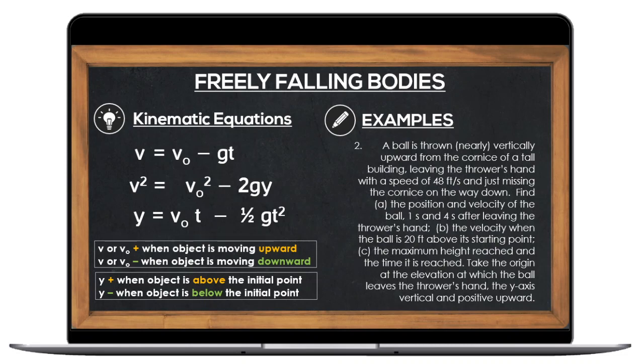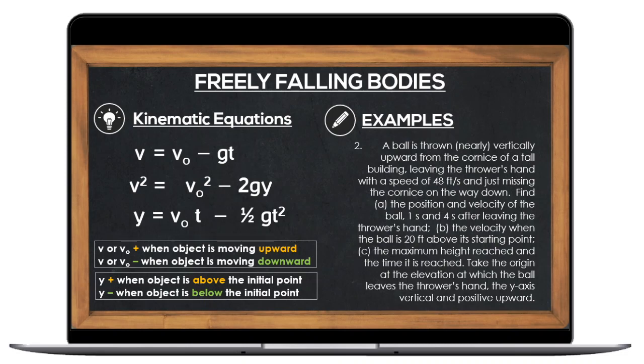A ball is thrown vertically upward from the cornice of a tall building, leaving the thrower's hand with a speed of 48 feet per second, and just missing the cornice on the way down. Find the position and the velocity of the ball 1 second and 4 seconds after leaving the thrower's hand.